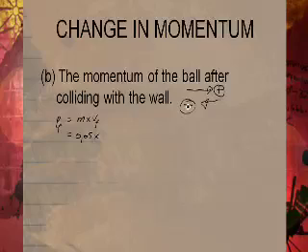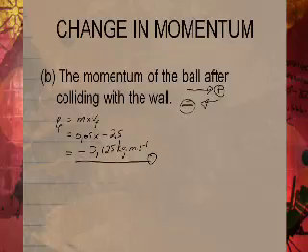I think I must have said it incorrectly there. So 0.05 times negative 2.5 because this is away from the wall. And your answer is negative 0.125 kilograms meters per second.